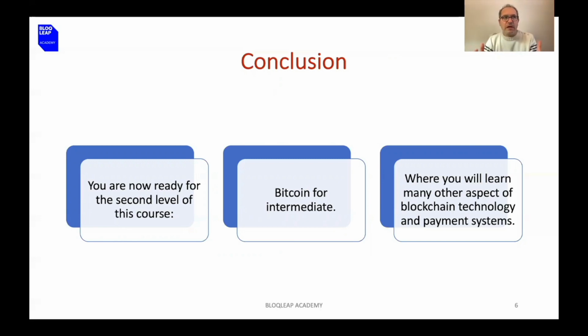What I gave you here is just the very, very, very basics. You've got a lot of stuff inside Bitcoin and very interesting tools that you can use inside Bitcoin, but this would be for the intermediate course. The intermediate course is going to be really interesting, because we are going to talk about, remember what I said, Bitcoin is just the first layer, and then you've got other layers on top of it.